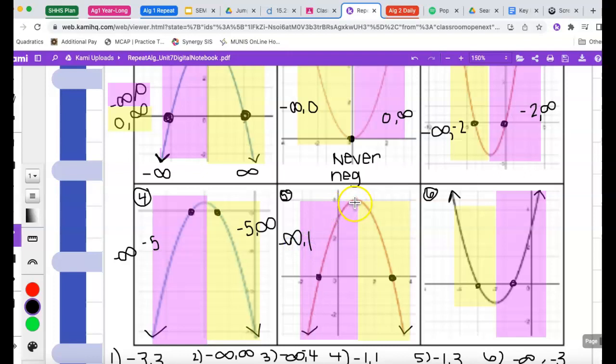This one is decreasing from positive 1 to positive infinity. So we just switch it. This one is increasing from -2 to positive infinity. This one is decreasing from negative infinity to -2. You just switch them. So go ahead and get all those negative and positive, increasing and decreasing intervals written down.